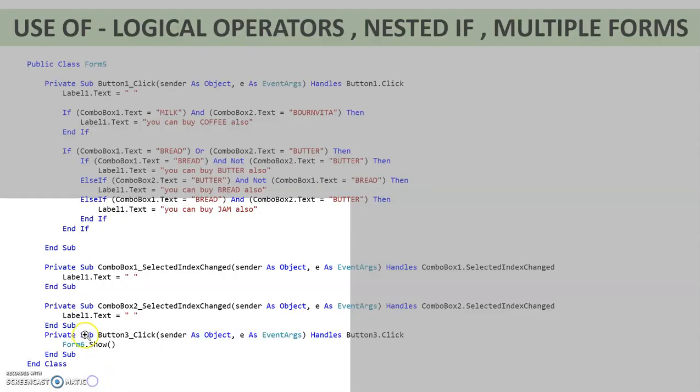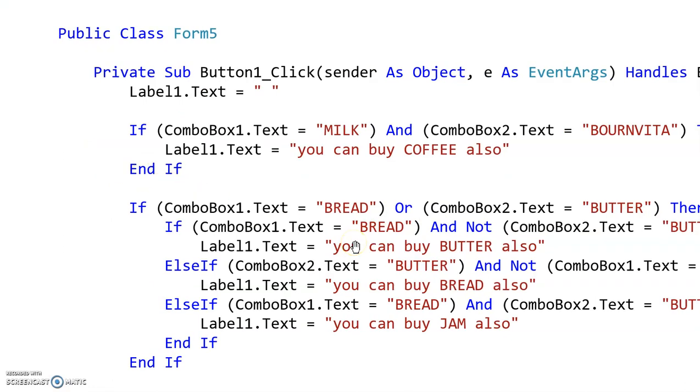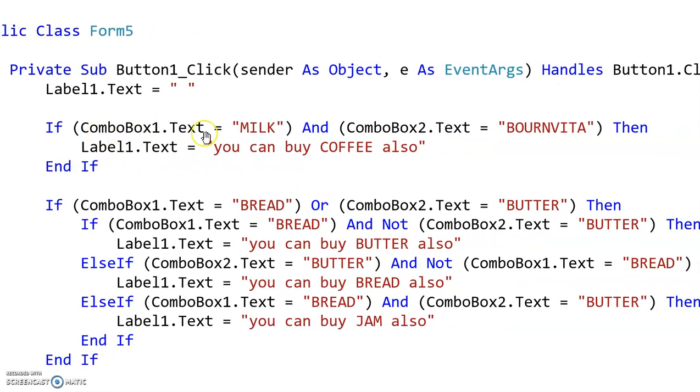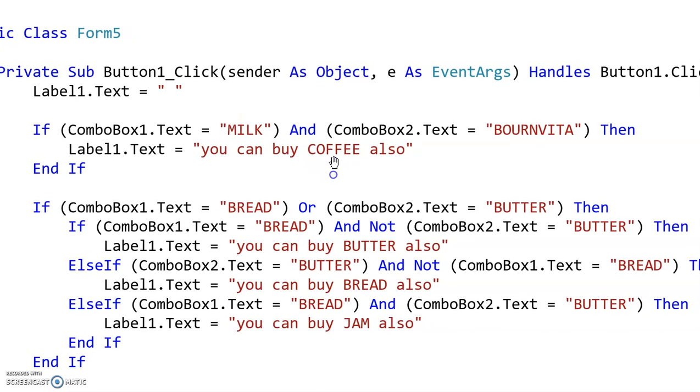After that, this is the if structure: if combo box 1 dot text is equal to milk, meaning I have selected milk, and combo box 2 item is Bonvita, then label 1 text is "you can buy coffee also".